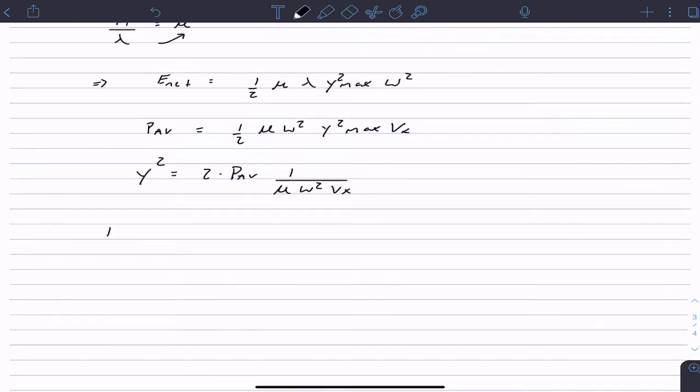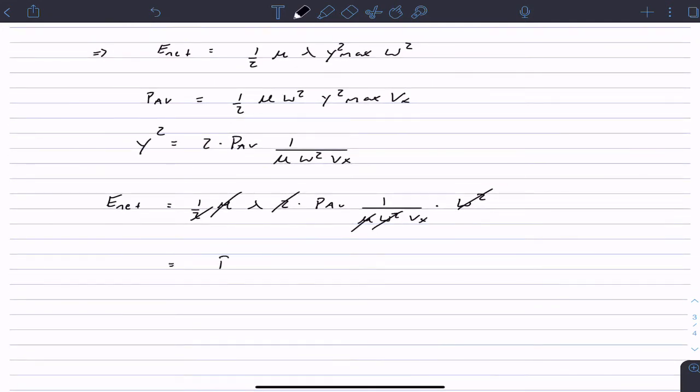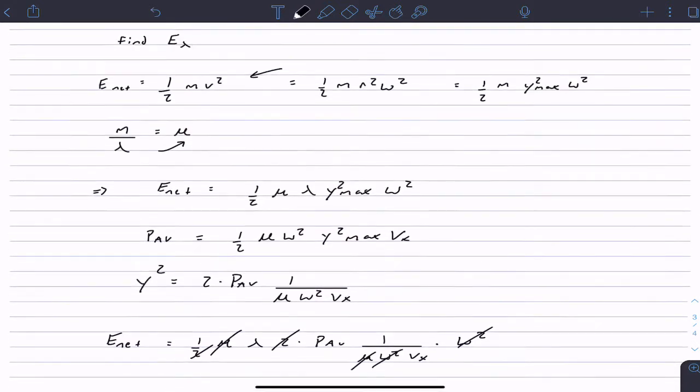So now we have energy net is equal to 1/2 mu lambda times 2 times the average power times 1 over mu omega squared v, times omega squared. So those cancel. The density cancels. The 2's cancel. And then we're left with just the average power times lambda, the wavelength, over the speed of the wave. And this is all in terms of something that we definitely know, right?